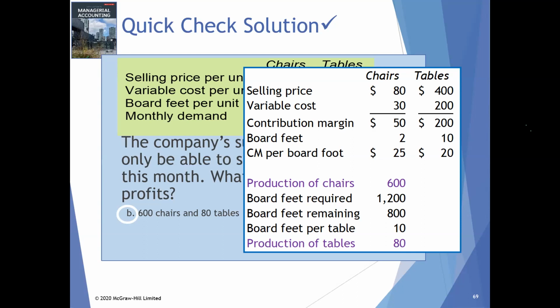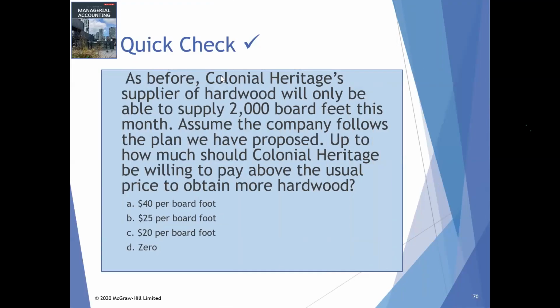Now, next we have: as before, Colonial Heritage's supplier of hardwood will only be able to supply 2000 board feet this month. Assume the company follows the plan we have proposed, up to how much should Colonial Heritage be willing to pay above the usual price to obtain more hardwood?